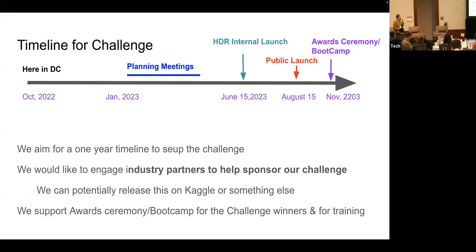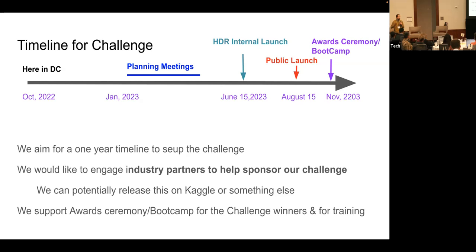So here's just an idea of a timeline. Here we are in DC. In 2023, we'll have, let's say, a monthly meeting to discuss the challenges, preparation of the data. Is it fair? Is it accessible? Do we have the infrastructure to run the testing? And then we'll launch an internal challenge. So all your students, your DSC, if you think they want to join the challenge, you can have them join, the institutes too.